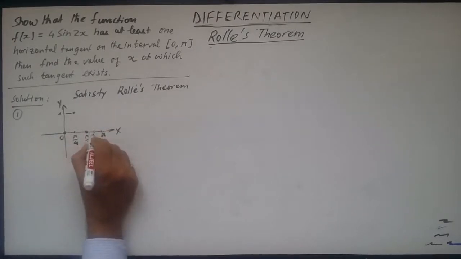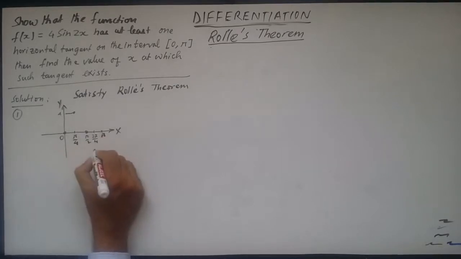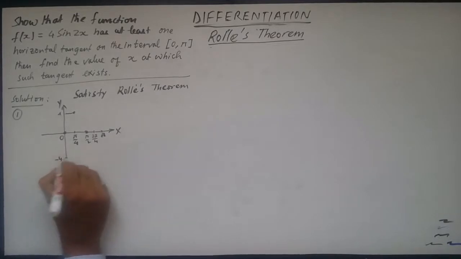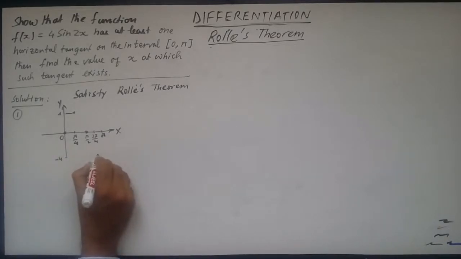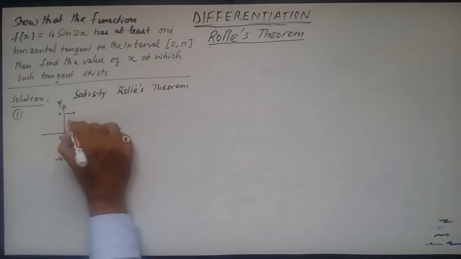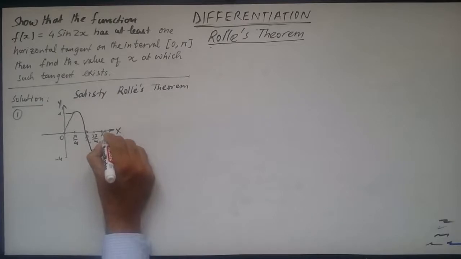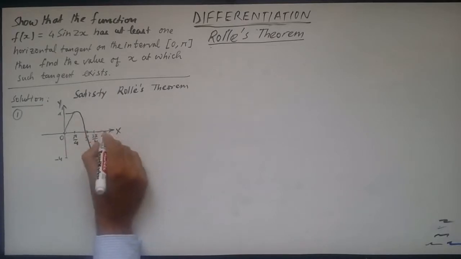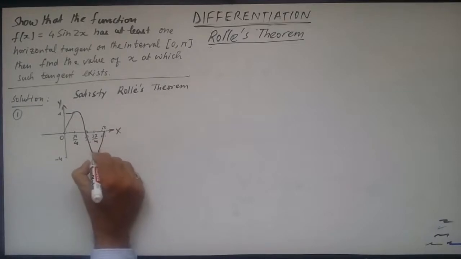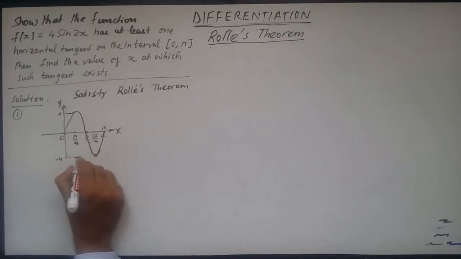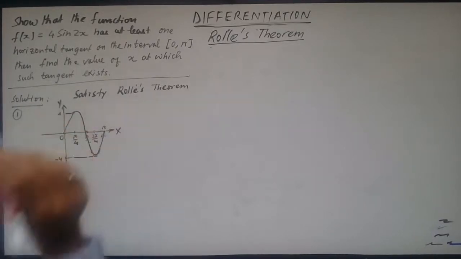At 3 pi by 4, since it is in the third quadrant, the value will reach minus 4. So we can now plot the graph. This is minus 4 and this is 4.